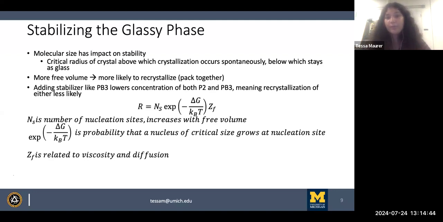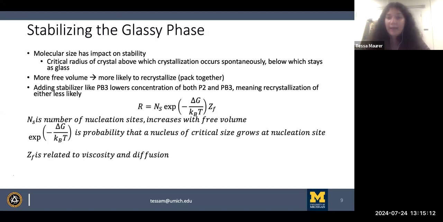In that curve I showed before with cooling the glass, unfortunately I wasn't able to find a very good resolution figure. But if you cool it really fast, you actually create a much less dense glass as well. So you get a lot more free volume, and it's going to try to pack back together into more of a crystal structure.